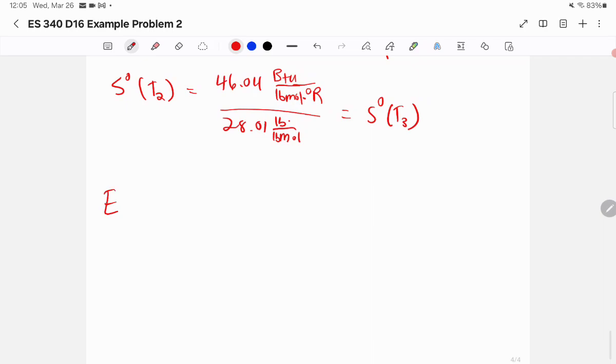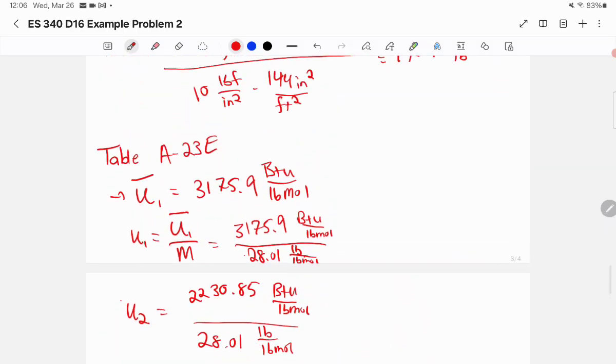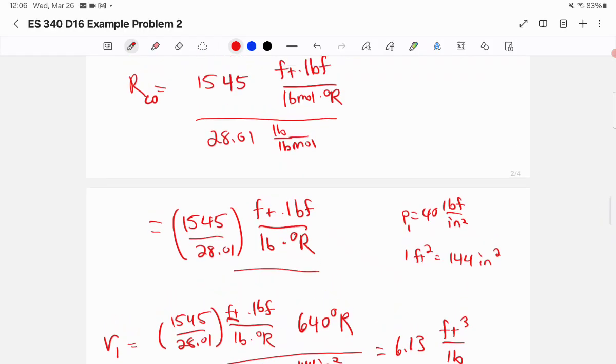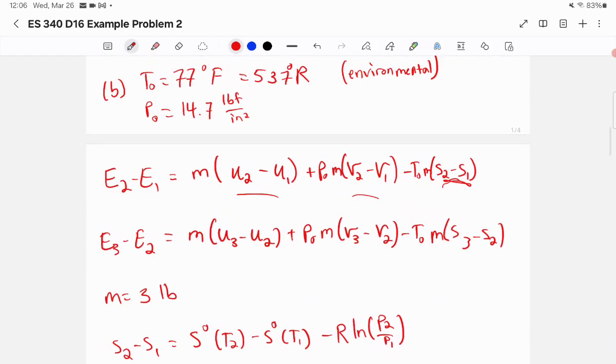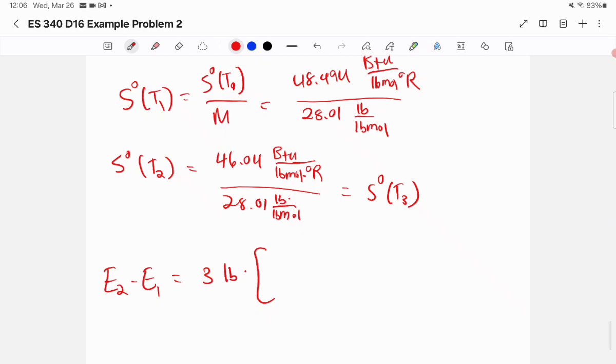So E2 minus E1 is going to be equal to M, which is 3 pounds, times... let's pull the 3 pounds out of everything, because that M was multiplying everything in this equation up here, right? We had an M here, an M here, and an M here. So I can pull the M out and keep all of the rest of the terms.